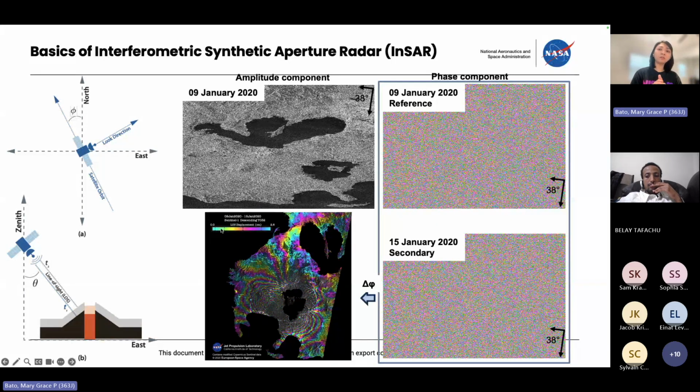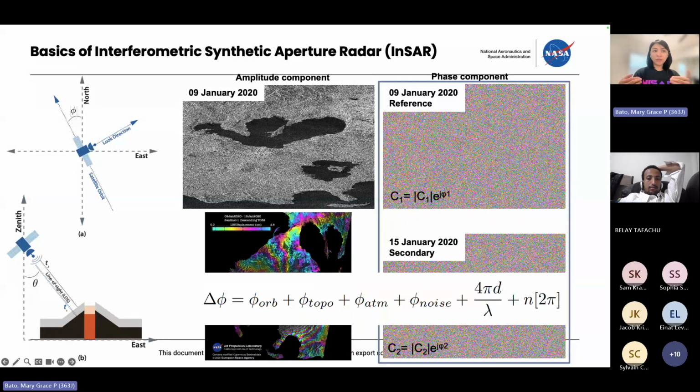If you go to longer wavelengths like L-band, you have 12 cm. So basically, you can see fewer fringes, but you can still measure the same amount of deformation, just less dense fringes because you're using a longer wavelength sensor. We'll show you later how that would look.